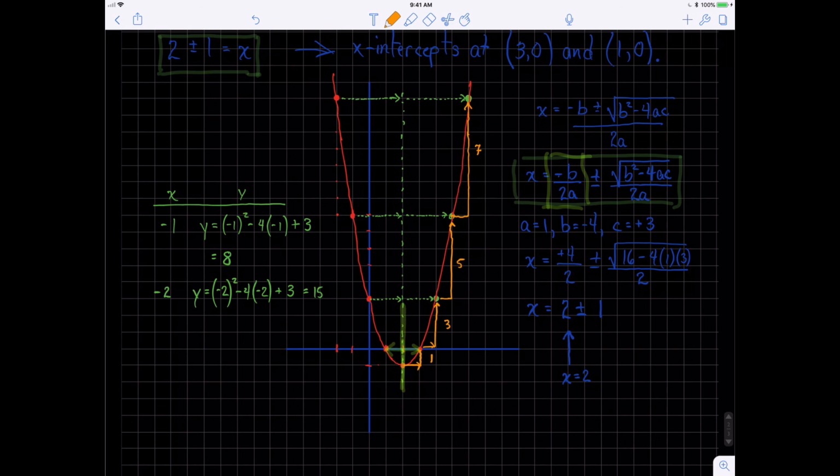Once you know the vertex, you know the pattern of the parabola. And this is a specific one. In our picture here, the A value is 1.